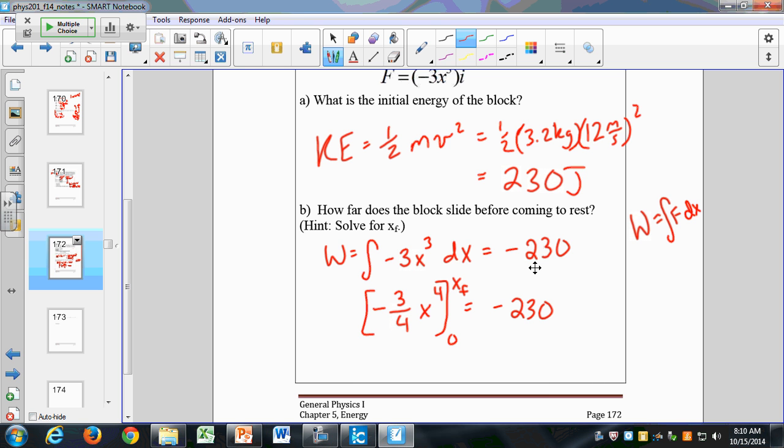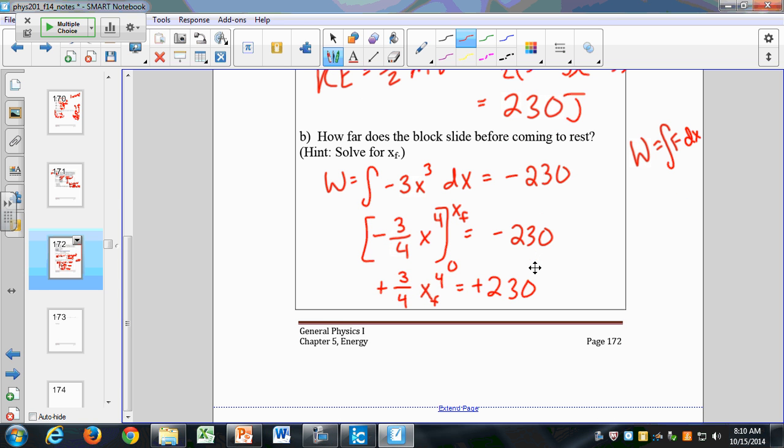Yeah, you all agree? All right, so let's see, I have negative, actually I'm going to get rid of that negative. 3/4 xf to the 4th power is equal to positive 230. I just made both of those negatives positive.